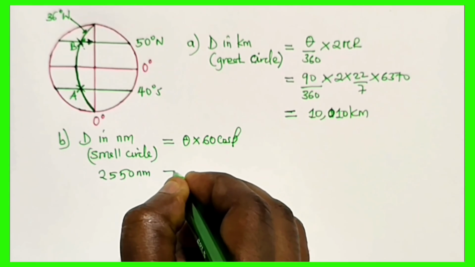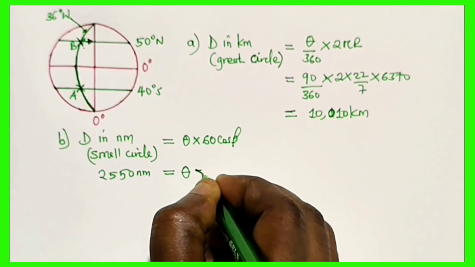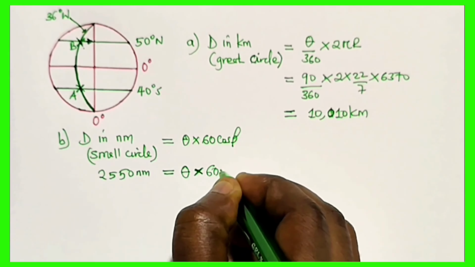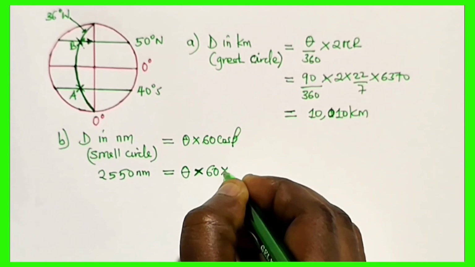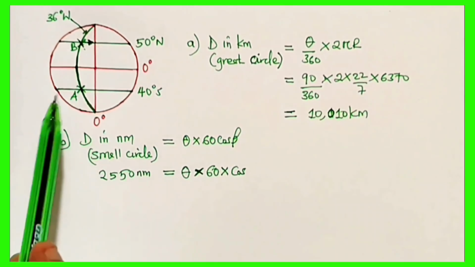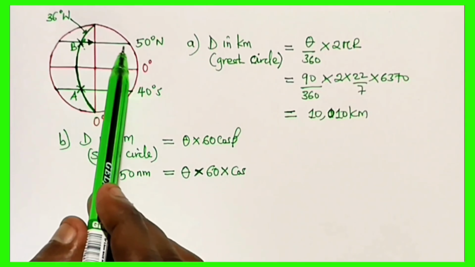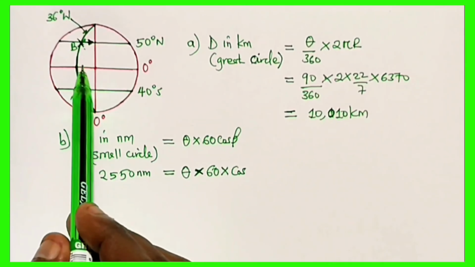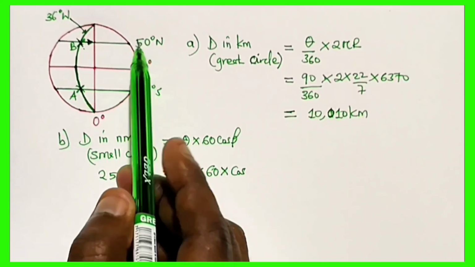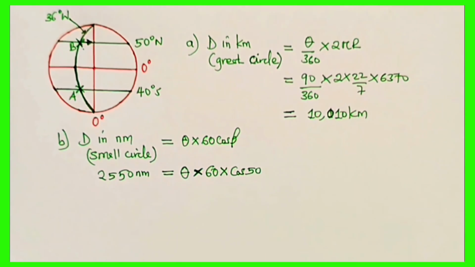So this will be equal to theta, which is what we are looking for, and then we multiply this by 60, and then we also multiply by cos beta, and we know that beta is the degrees in which this latitude here lies from the equator, which is 50 degrees. So we're going to have here cos 50.